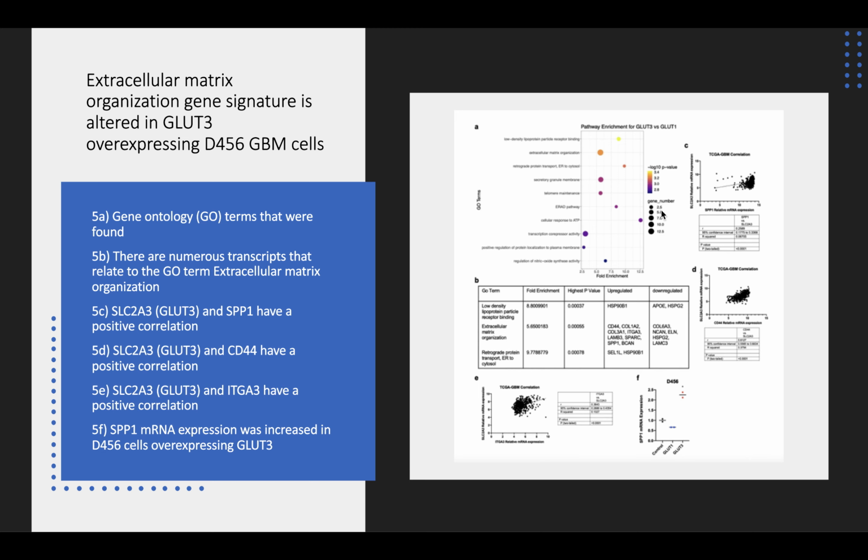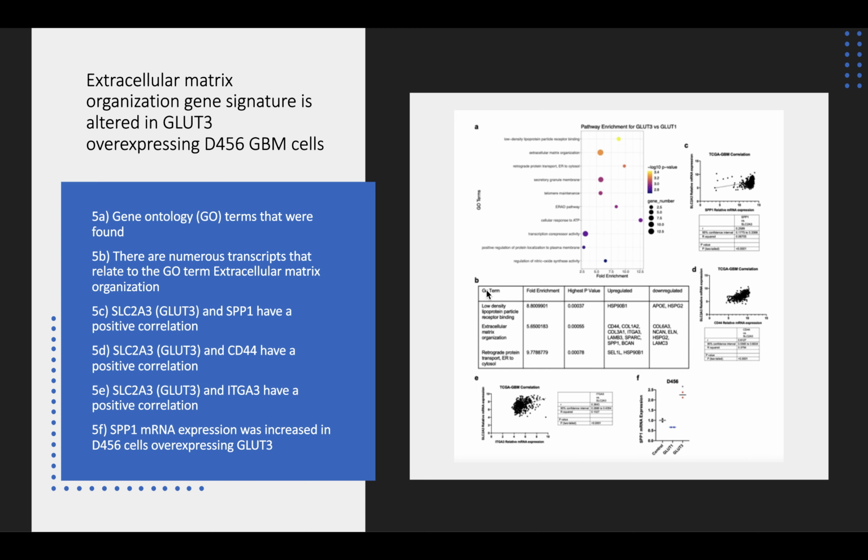So the top three terms that were found were low density lipoprotein particle receptor binding. The next term was the extracellular matrix organization. And the third term was the retrograde protein transport, ER to cytosol. So on to 5B, and I know the time, so we're going to just briefly go over this.